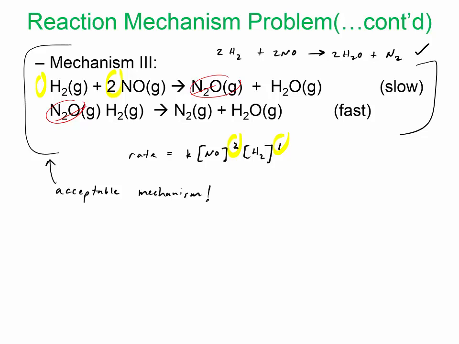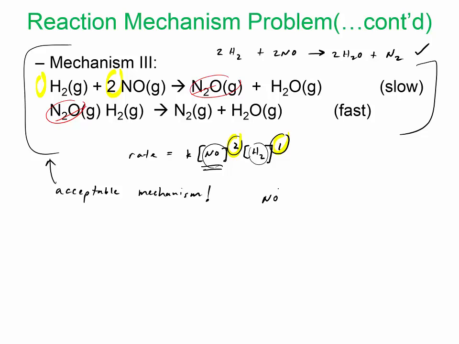All right, so let's look at a couple of terms. There are some terms that describe what's called the molecularity. When we look at these exponents here, what they actually mean is that 2 molecules of NO are required to collide with every one of these.